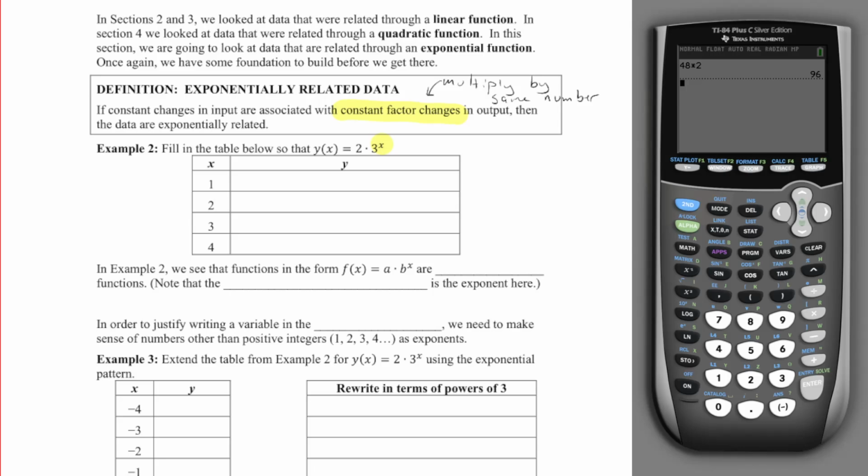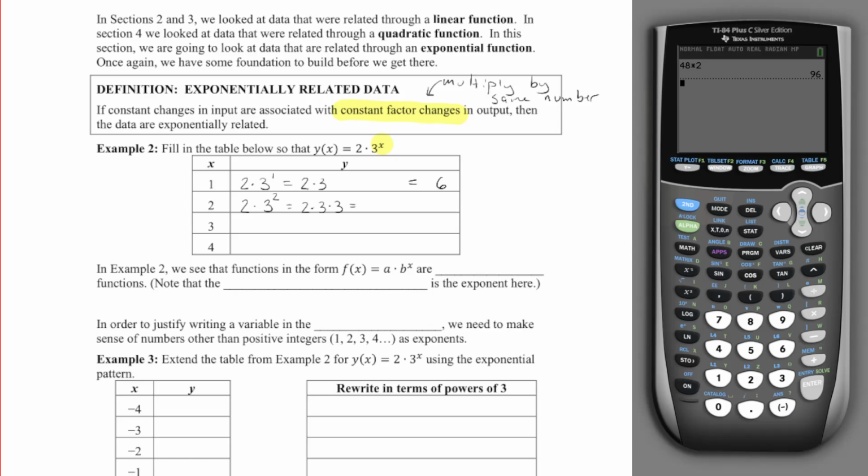And let's see what the pattern in this table looks like. So when x is 1, y of x is 2 times 3 to the power 1. 3 to the power 1 is just 3. So when x is 1, y is 6. When x is 2, we have 2 times 3 to the power 2. 3 to the power 2 means 3 times 3.